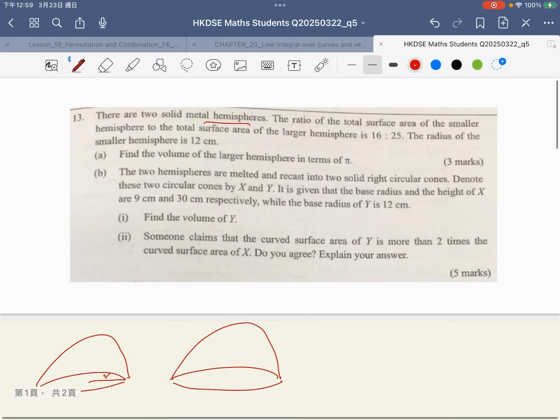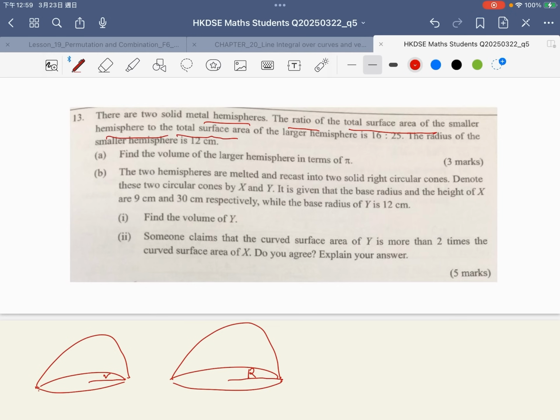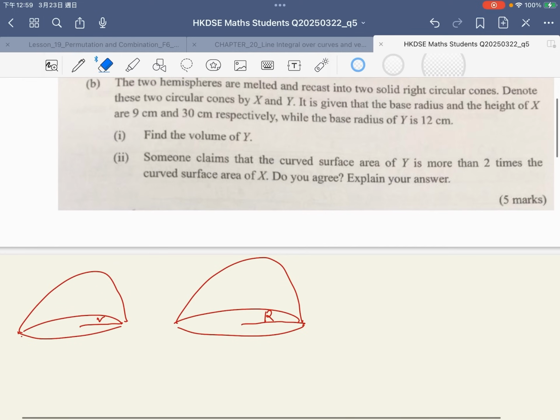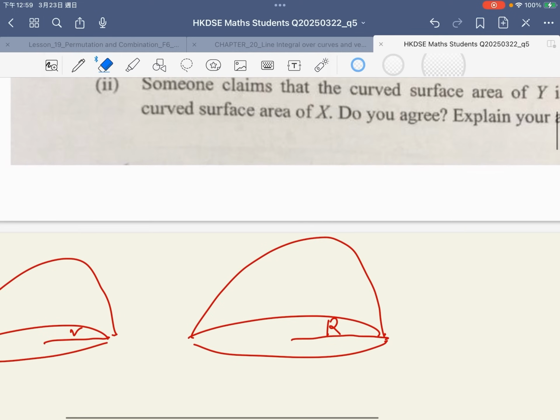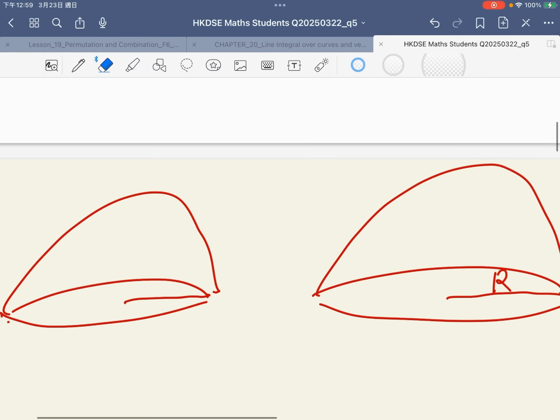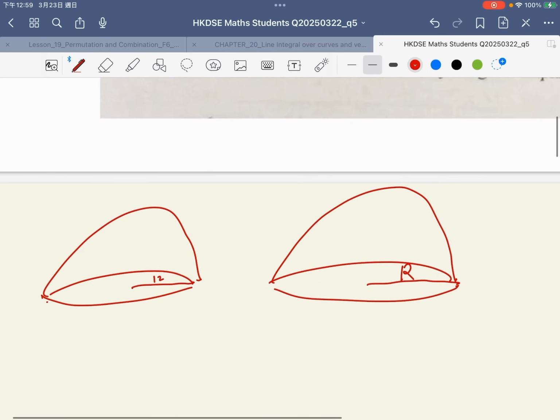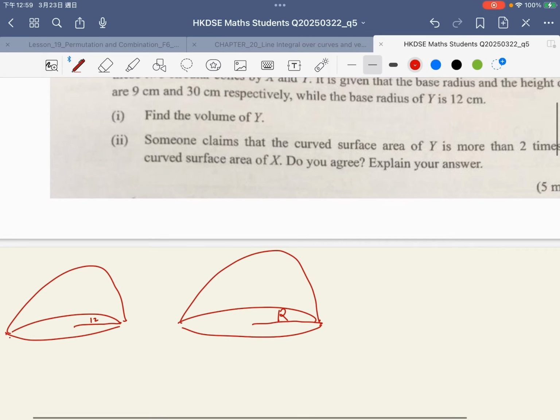This hemisphere is big R, and the ratio of the total surface area of the small hemisphere to the total surface area of the large hemisphere is 16 to 25, and the radius of the small hemisphere is 12. I mark this as 12.